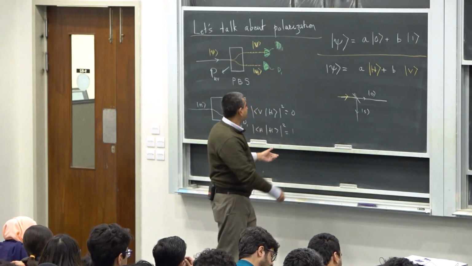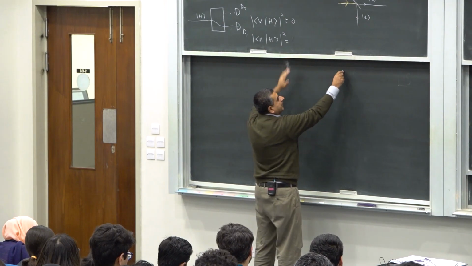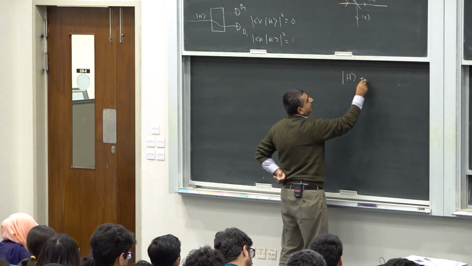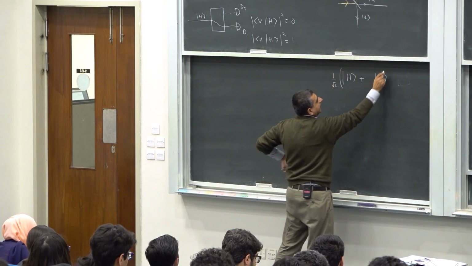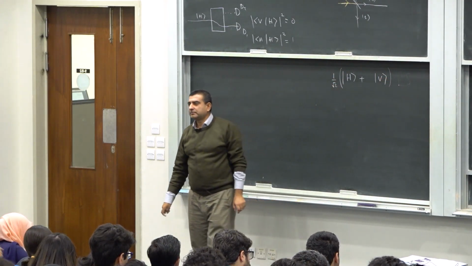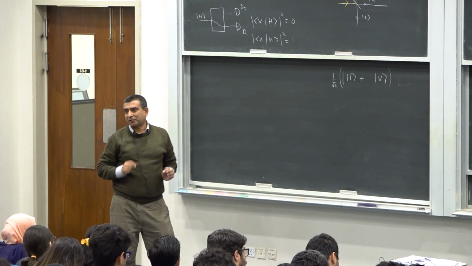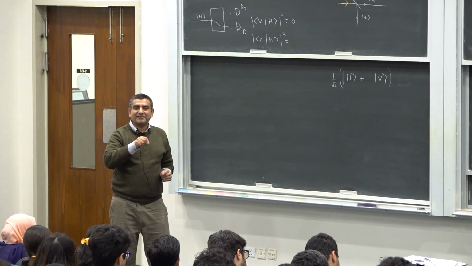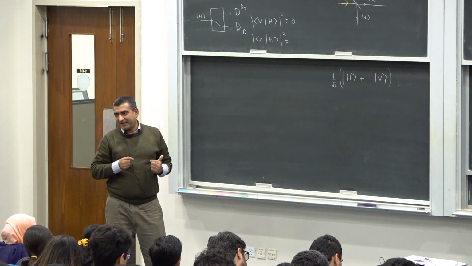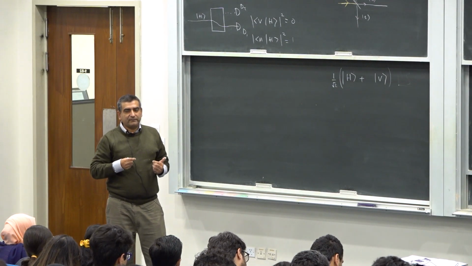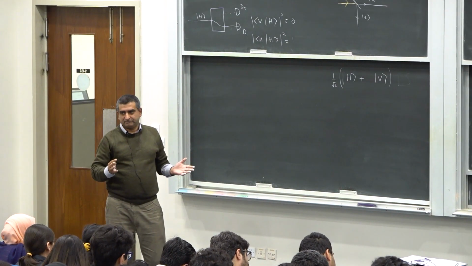So I could have states, for example, of this kind: ket H plus ket V with a factor of 1 over root 2, ensuring normalization. So this is one possible quantum state, and this is the state of a single photon. Do not be misled by thinking that this represents one photon being in ket H and another photon being in ket V. This is just the description of a single photon.